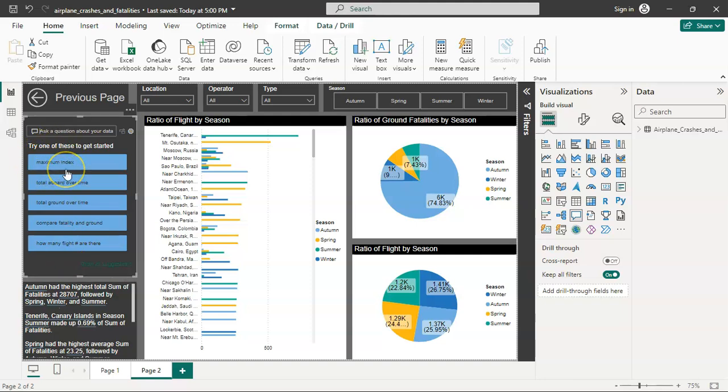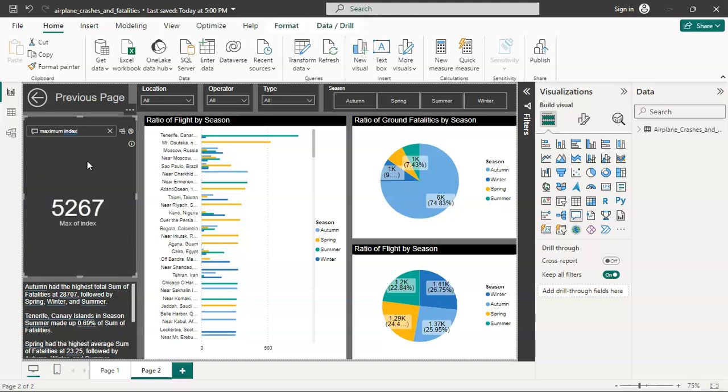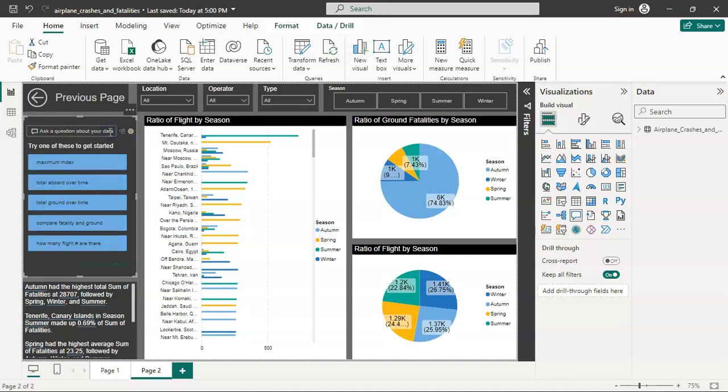This questionnaire gives you some questions you can ask your dashboard. These questions are there for you to interact with. You can ask the dashboard for the maximum indexes, so it gives you the maximum indexes for the dataset that was given.